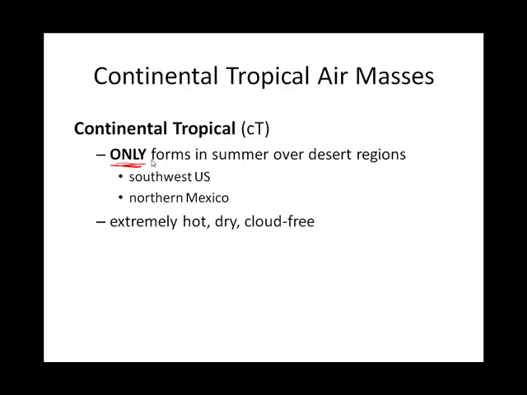And these are even hotter in general, like I said a minute ago, than your maritime tropical air masses. Now, since they are dry, even though the air is unstable and will lift, there are no clouds necessarily associated with that dry, unstable air that's ascending.